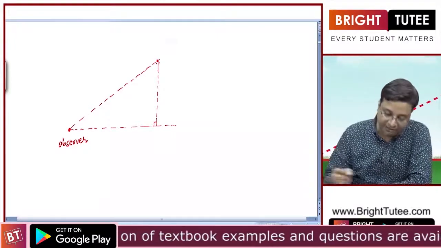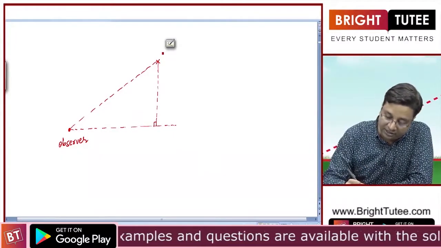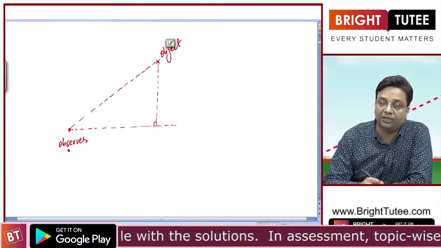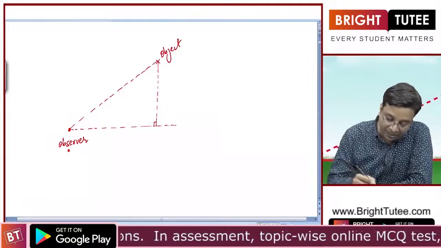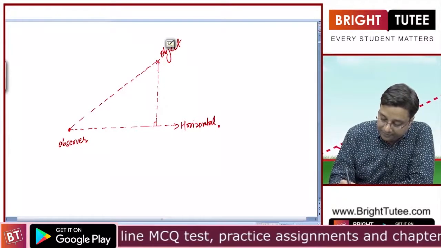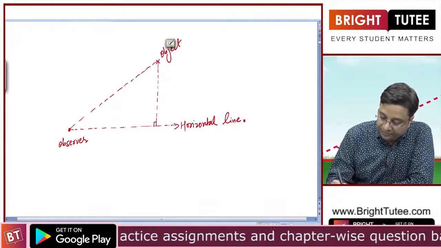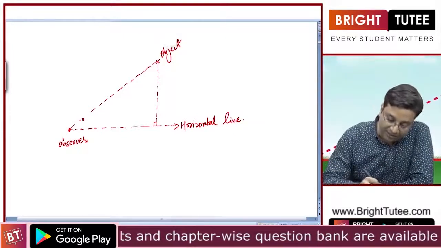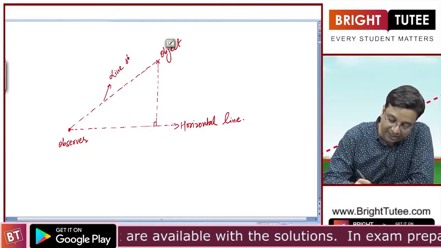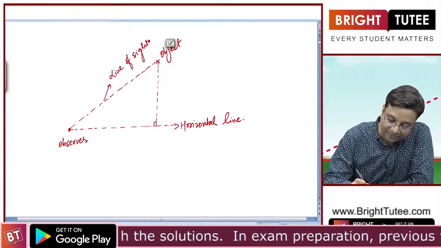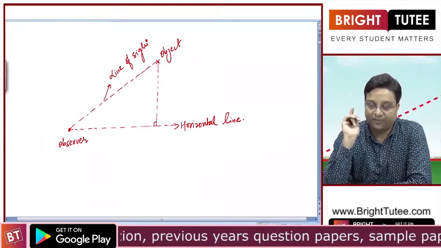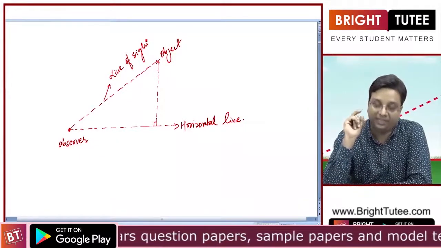So let's learn some of the terms. This is the object and this is our observer, who is looking at the object, and this is the horizontal line. So this line is known as line of sight, along which the observer is looking at the object.